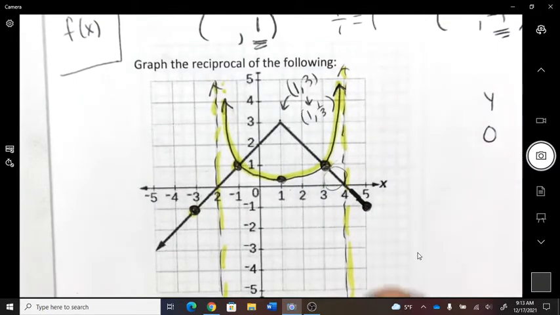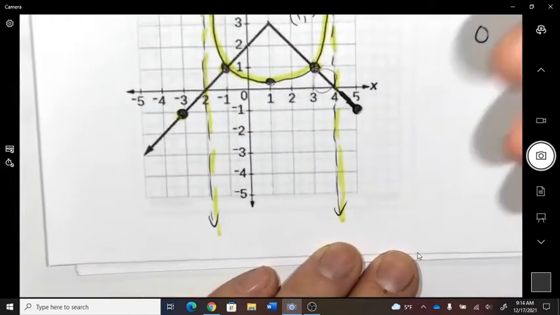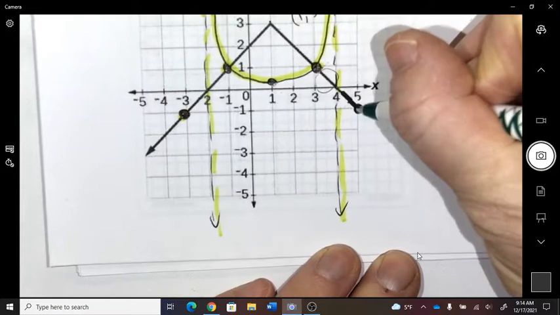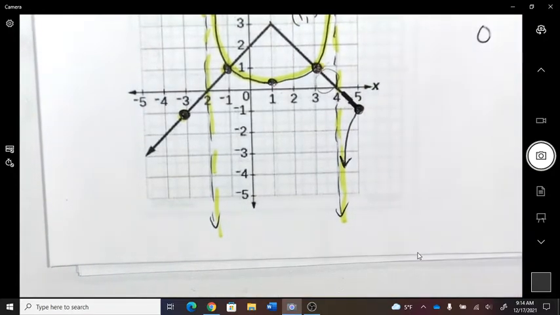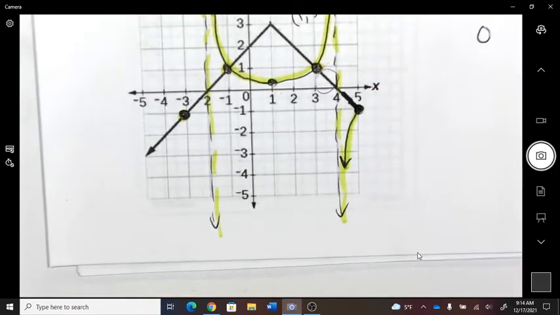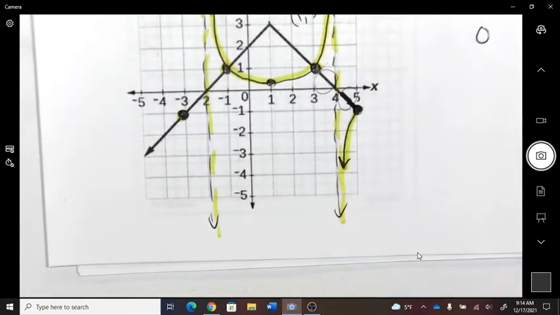Okay, let's do this right section. So this was the lowest point. Now it's going to be the highest. So in that section, I'm just going to shoot away from 0, because this was getting closer to 0, so I'm shooting away from 0.